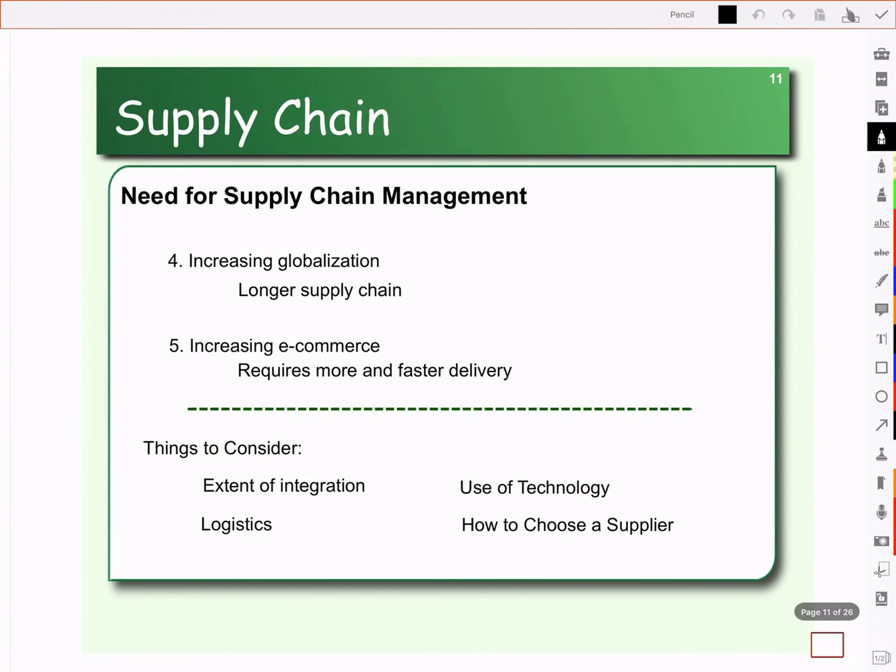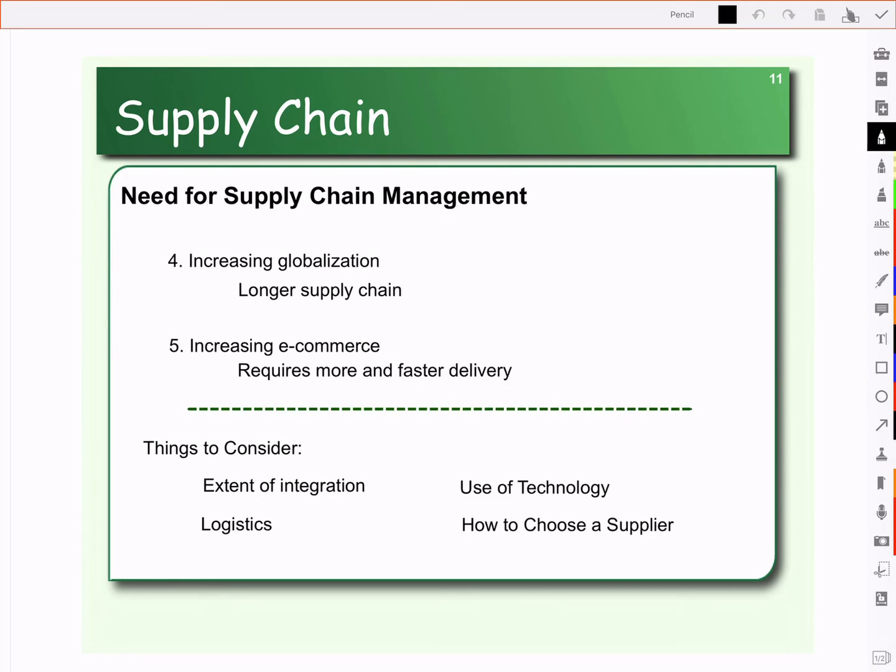So we said there were a total of 5 reasons that we need to manage our supply chain. We need to manage our inventories. We need to improve our overall operations, which includes the rest of our supply chain. We need to consider outsourcing. And we need to consider the fact that there's increased globalization.